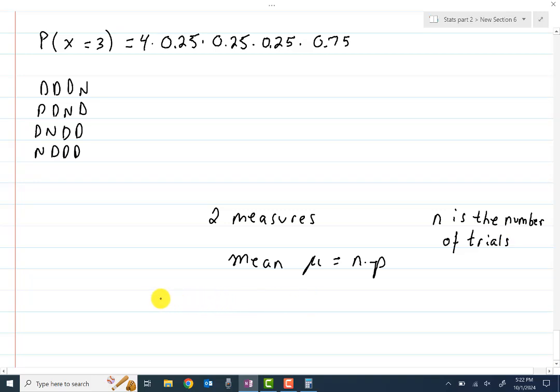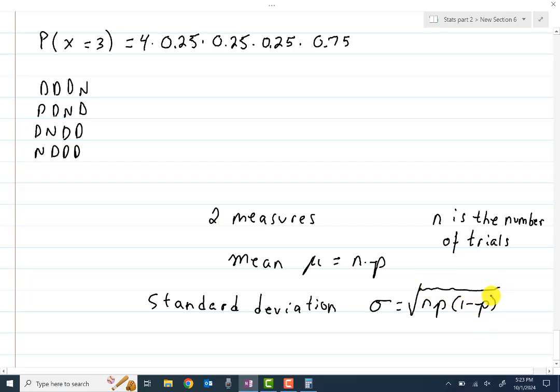And then we have the standard deviation. That is sigma. That's a lowercase sigma. That's the Greek version of S. That's the square root of n times p, lowercase p, times 1 minus that lowercase p. That's the standard deviation.